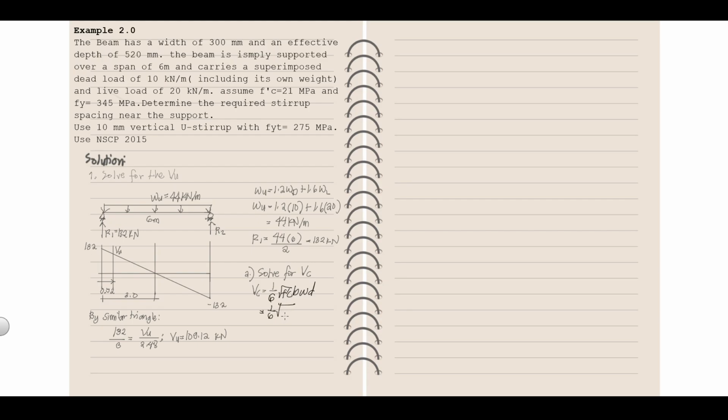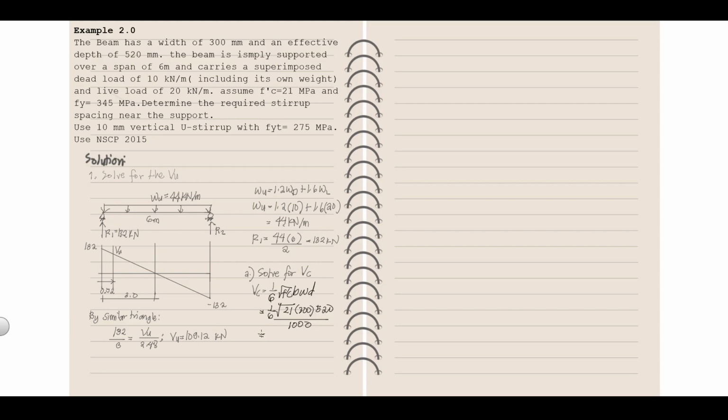What is f'c here? 21. bw is 300, and d is 520. Don't forget, class, to divide this by 1,000 para maging kilonewton.